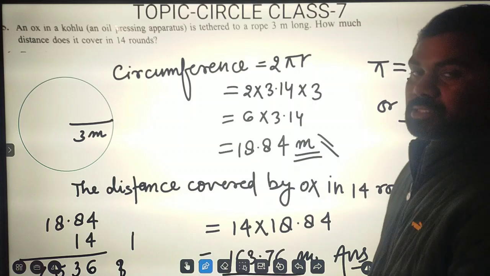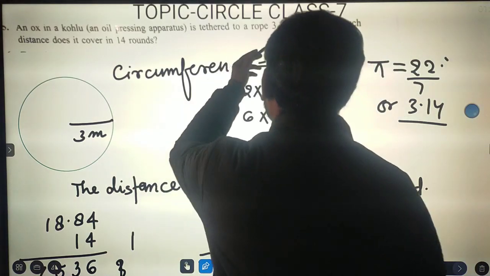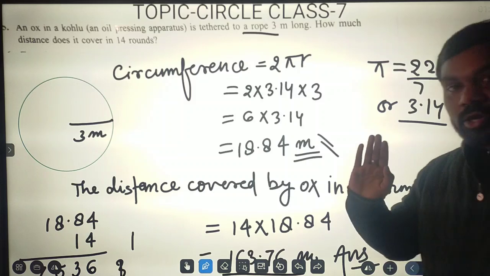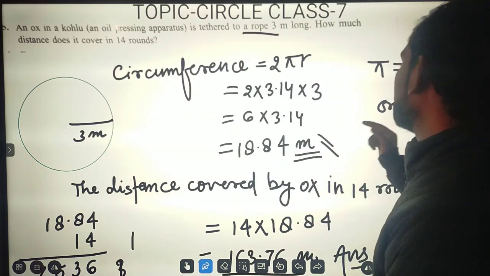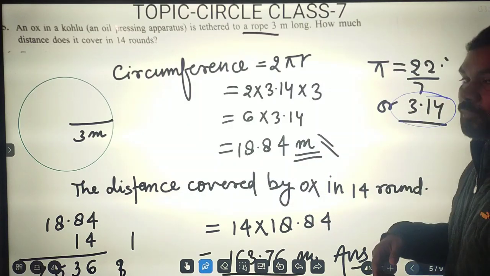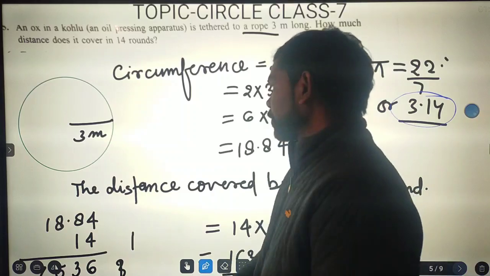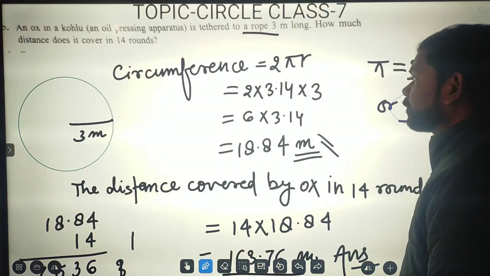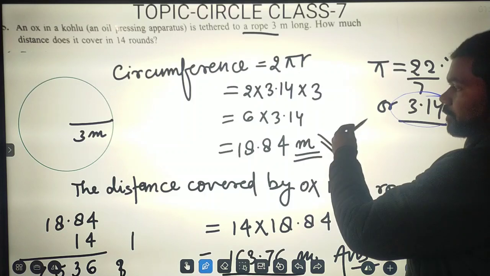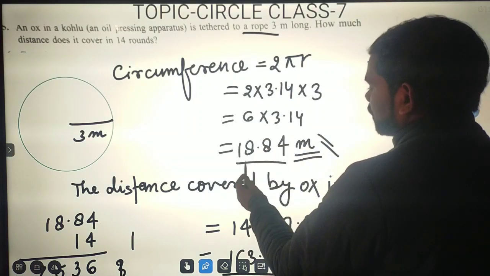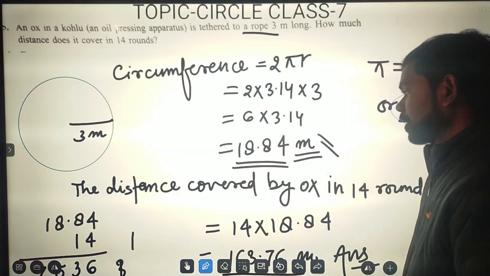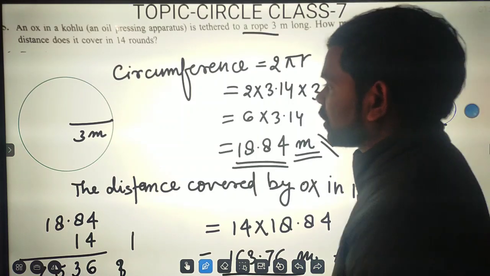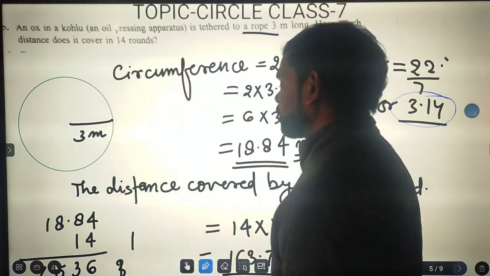Since the length of the rope represents the radius, and the radius is not a multiple of 7, we use 3.14 in place of 22 by 7. So we write 2 into 3.14 into 3, and we get 18.84, which represents the circumference of this circular path.